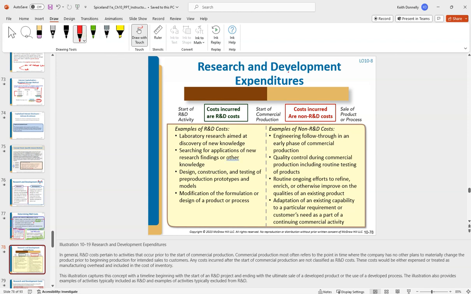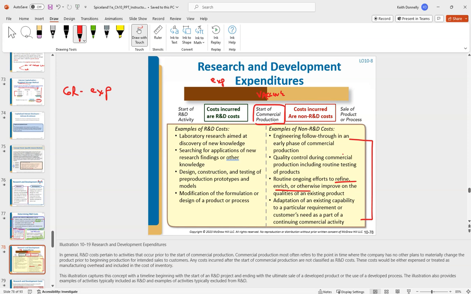With regard to research and development, we said the general rule is going to be expense. So that's kind of this guy right here. Once you hit commercial production, technically that's not R&D costs anymore. So maybe we make the vaccine, we start producing it, we do these other things, we start to refine it, enrich it, we adapt it. That's not R&D.